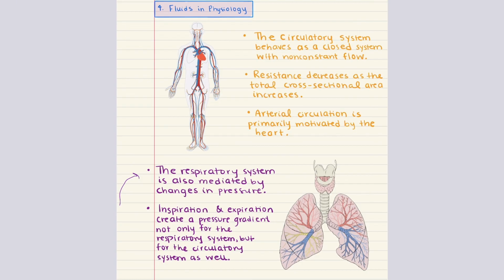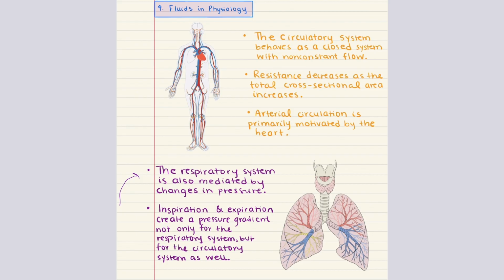This pressure gradient causes air to flow into the lungs. On the other hand, when you exhale, these muscles relax and the thoracic cavity decreases in size and the pressure inside the lungs increases, and that allows air to be pushed out.